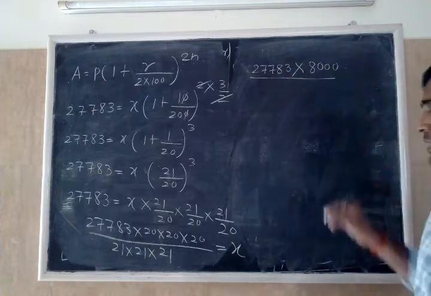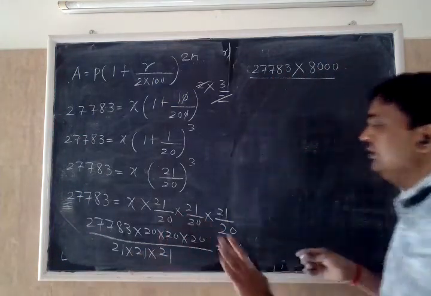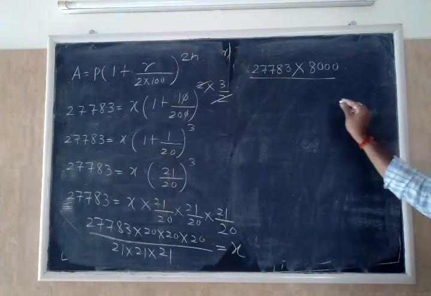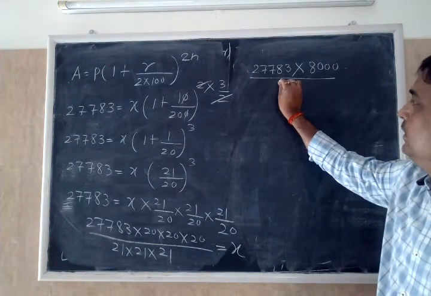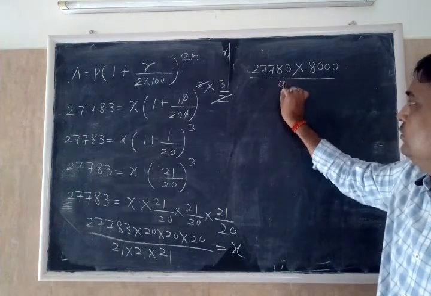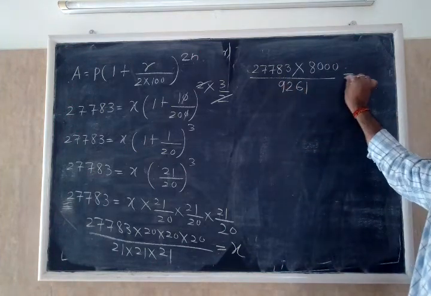Then 21, 21, 21, how much? 9261. So 27783 into 8,000 upon 9261 is equal to x.